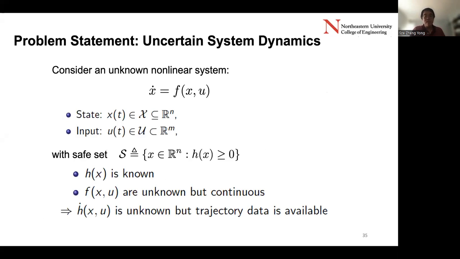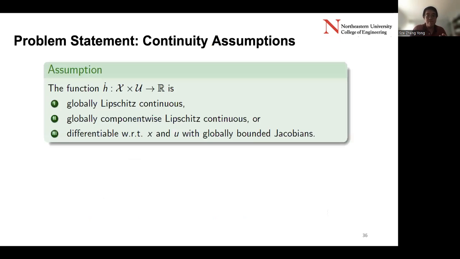What we are doing here is assuming that the system is not known at all. The h function is known; we assume that the safety criteria is known. We don't know the true dynamics of the system, but we assume that they're continuous. Because we don't know what f is, h dot is not known. But we assume that there is trajectory data that we can use.